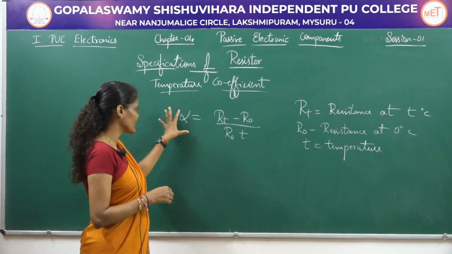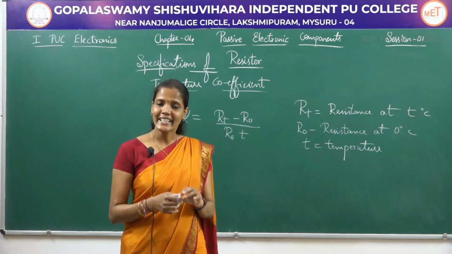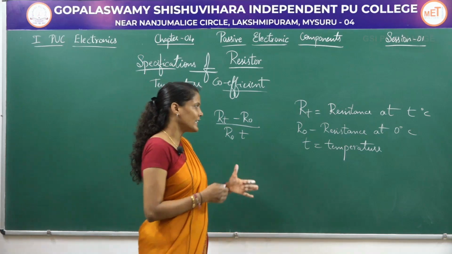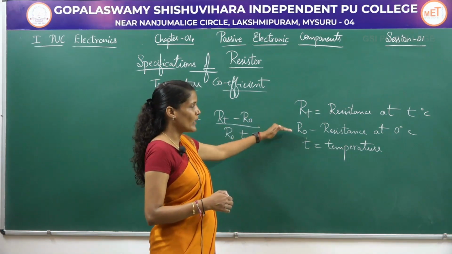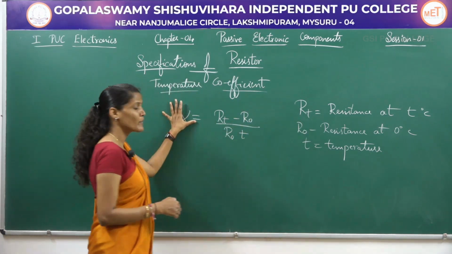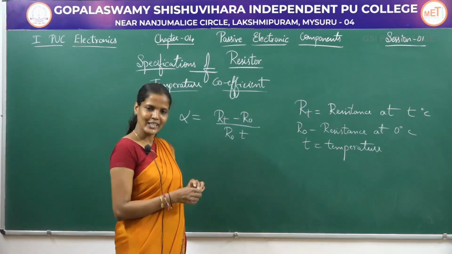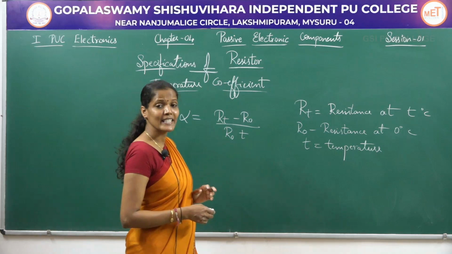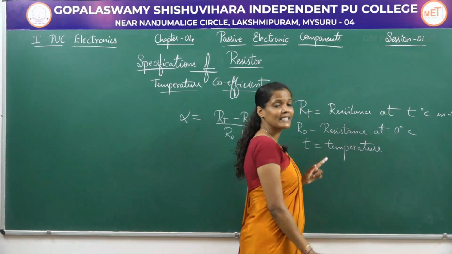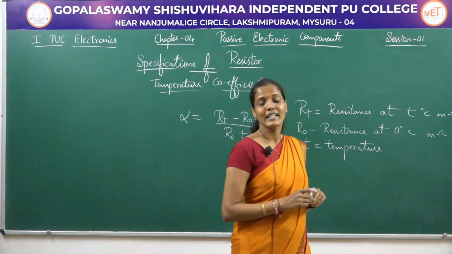So the temperature coefficient alpha may be defined as the increase in the resistance at T degree centigrade relative to its resistance at 0 degree centigrade. That is nothing but the increased value of the resistance from 0 degree to T degree, measured in terms of temperature coefficient, which is given by RT minus R0 divided by R0 into T, where RT is the resistance at T degree centigrade in ohms, and R0 is the resistance at 0 degree centigrade in ohms, whereas T is the temperature.